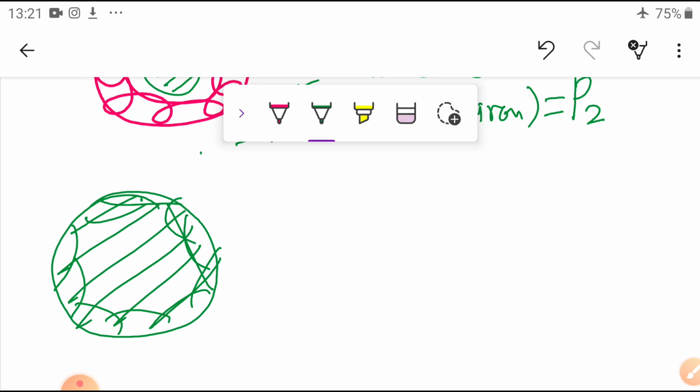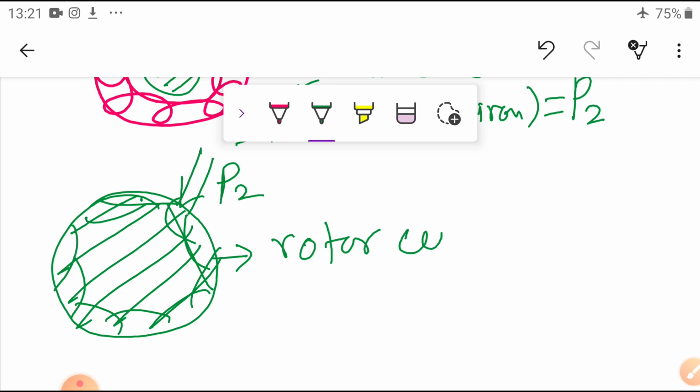So P2 is the input, and this energy is utilized to meet the rotor copper loss. Some energy is utilized for iron losses, but this iron loss is very small in the rotor because the rotor frequency itself is very low. That is why we neglect the iron losses of the rotor.